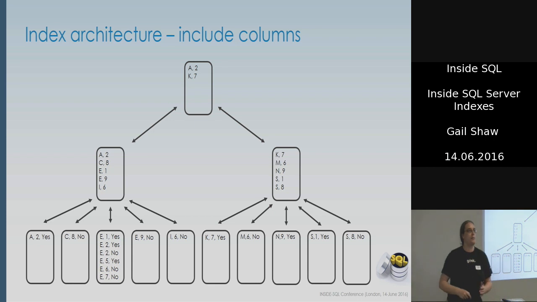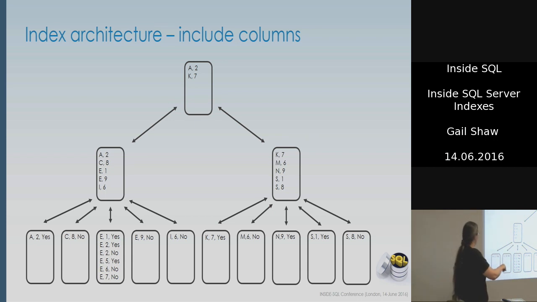Now this is the first time I can tell you that this is a non-clustered index, because I've said it has include columns. But this could just as easily be a clustered index, a two-column clustered index in a three-column table. In fact, there's no way looking at this to tell whether this is a two-column clustered index on a three-column table or a two-column non-clustered index with an include column. No idea.